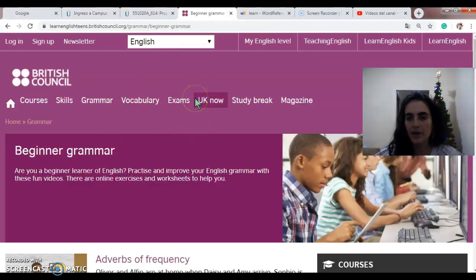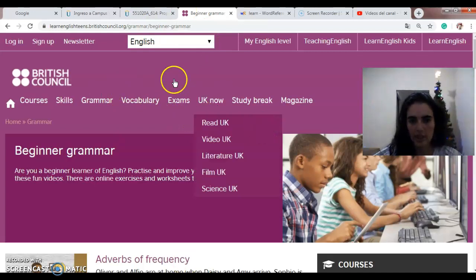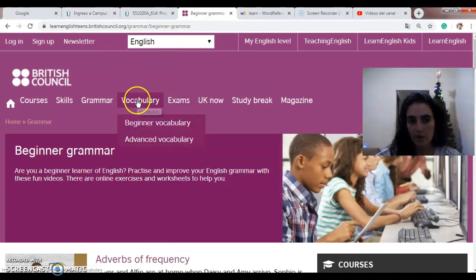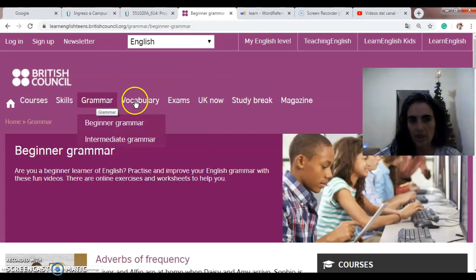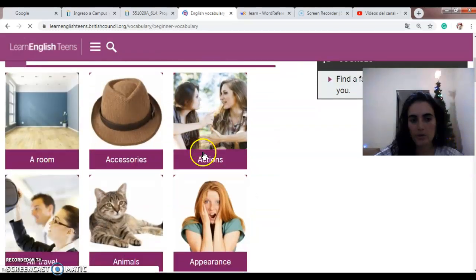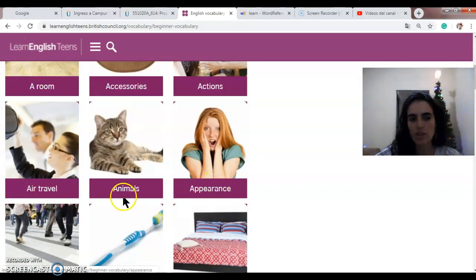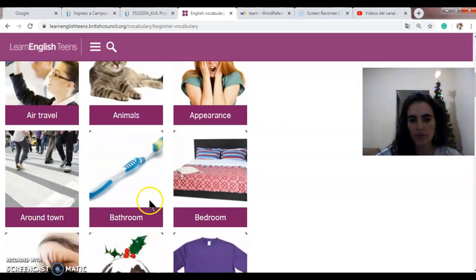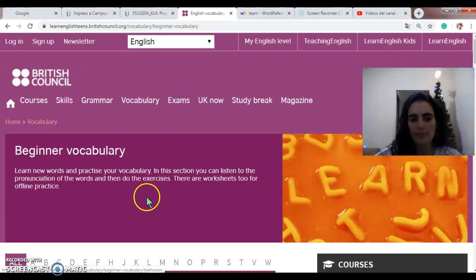On the British Council page, the student can find vocabulary and grammar. For example, vocabulary for beginner students. In this place, the student can find vocabulary about room, accessories, action, air travel, animals, appearance, bedroom, bathroom, around town, and more.